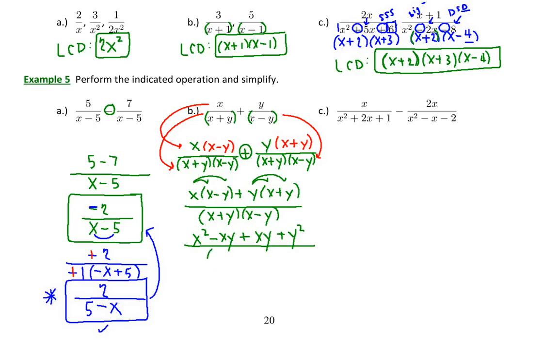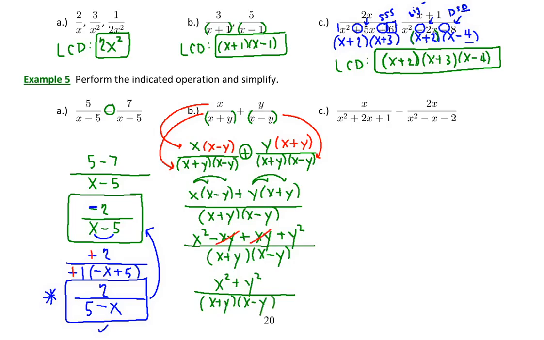And I'm going to make no change to the denominator. Notice I'm choosing not to multiply out that denominator. I'm multiplying the numerator, but not the denominator. I want to preserve those factors in the denominator just in case I could cancel later on. Okay, simplifying our numerator, notice these two terms will cancel out, and that's going to leave behind x squared plus y squared over x plus y times x minus y.